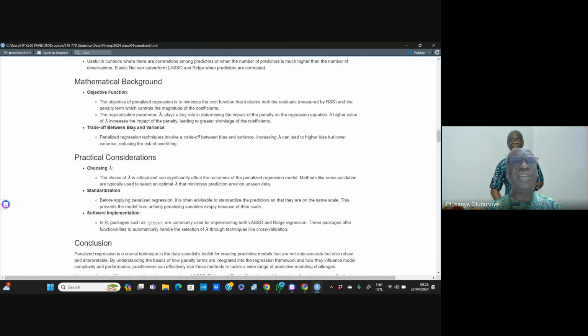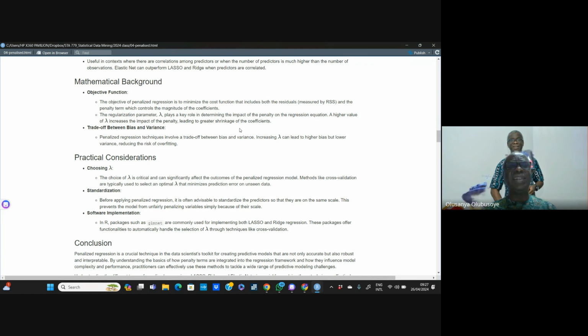Now let's continue. I've mentioned earlier that the parameter lambda is called the regularization parameter. That lambda you see plays a very key role to determine the impact of the penalty on the regression equation. I've told you, when you increase lambda, the more is the impact of the penalty on the coefficient.